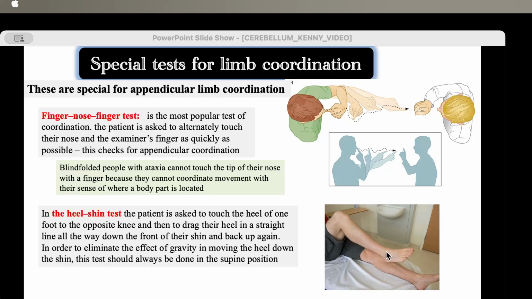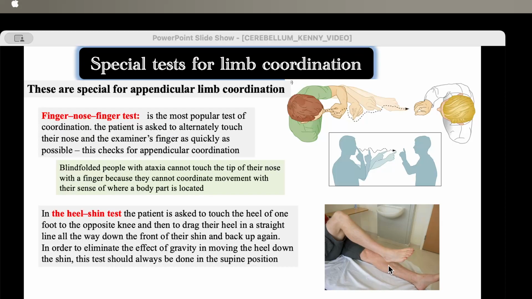So this test is better performed when a patient is in a supine position, so as to eliminate the effects of gravity. Someone can do it in a standing position, but there will always be an effect of gravity. And remember, most of the patients that come to the clinic are of old age, and sometimes they might not be able to overcome the effect of gravity.